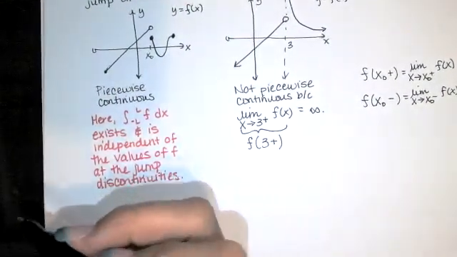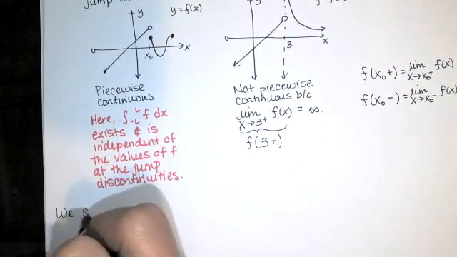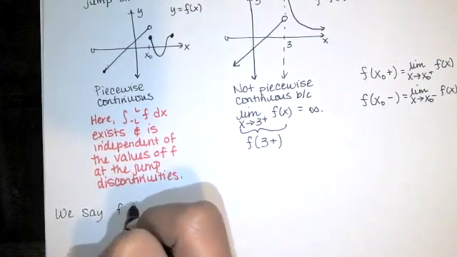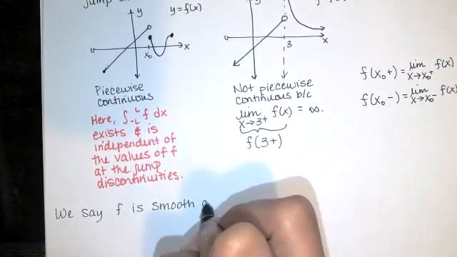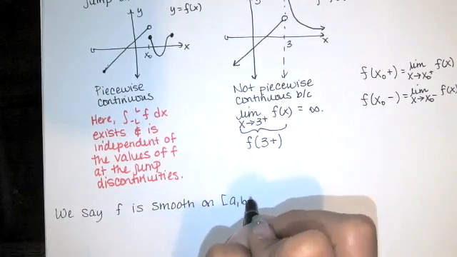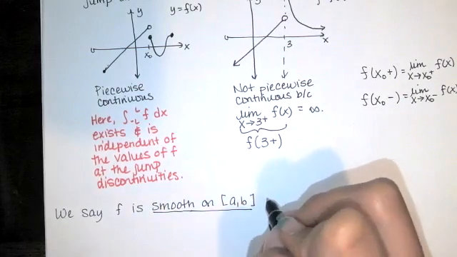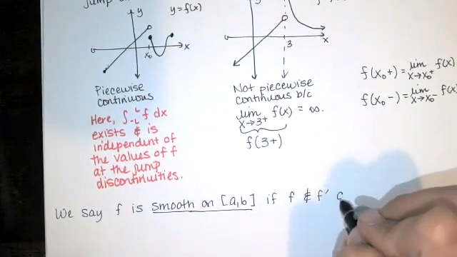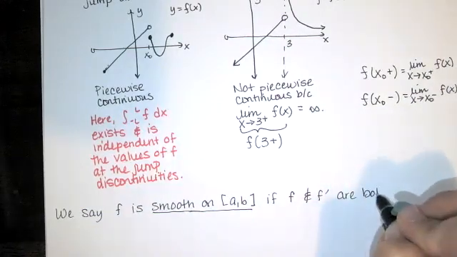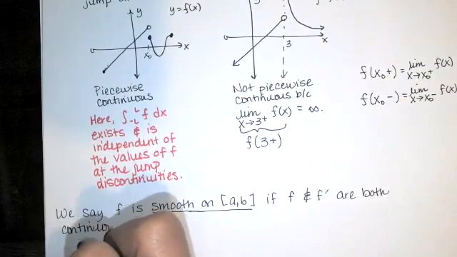Let's talk about smooth functions. We say that f is a smooth function on [a, b] if f and f prime are both continuous on the interval from a to b.